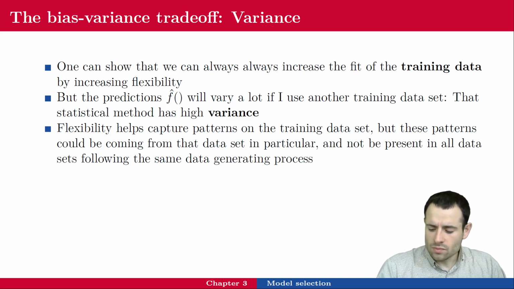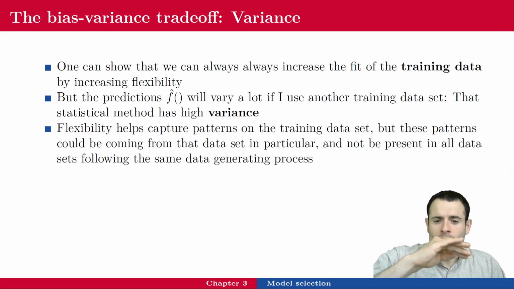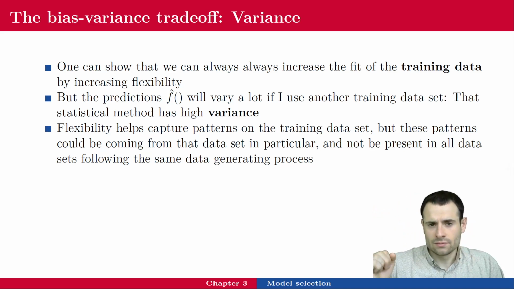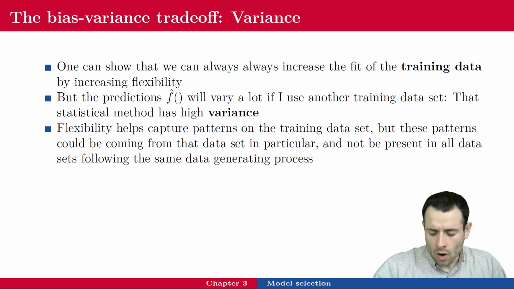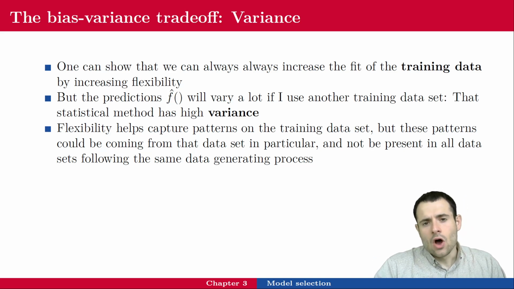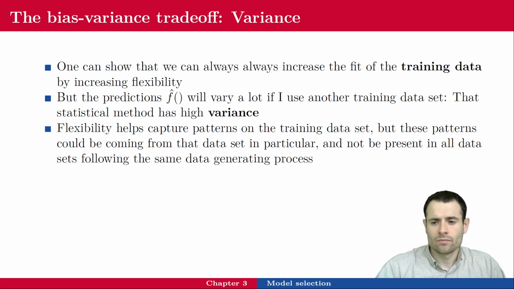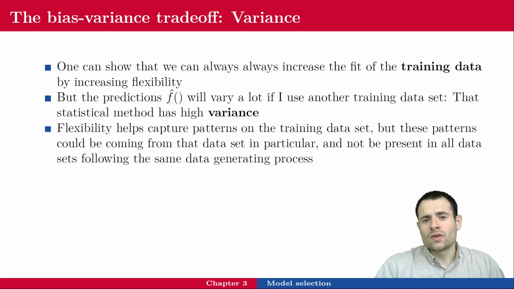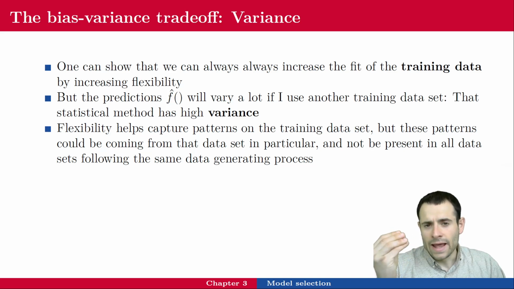Remember that we want something which is flexible to capture the patterns on the training data set. Because these patterns are going to repeat themselves on other data that follows the same data generating process. However, each data set is also going to have a component, a pattern of its own.